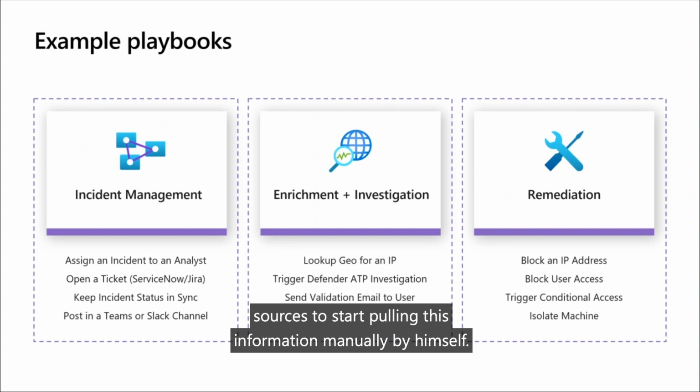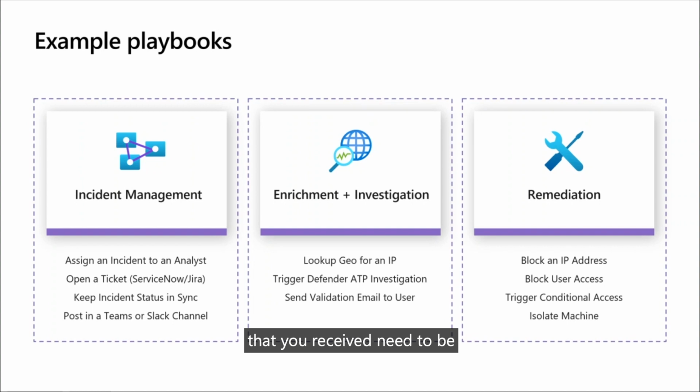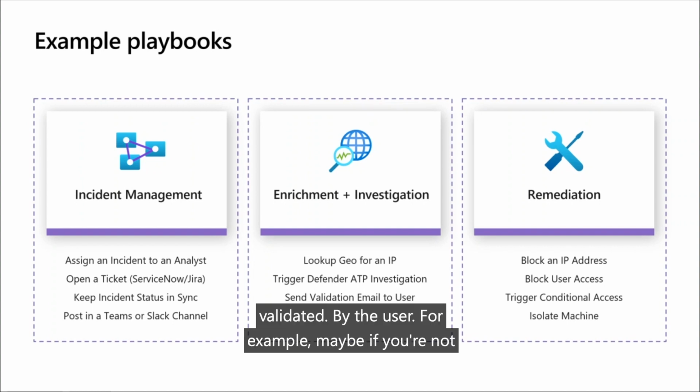manually by himself. Now, another big thing that we're seeing enterprises starting to do is to send validation emails to users. Now, what happens very often in the SOC is that a lot of these alerts that you received need to be validated by the user.